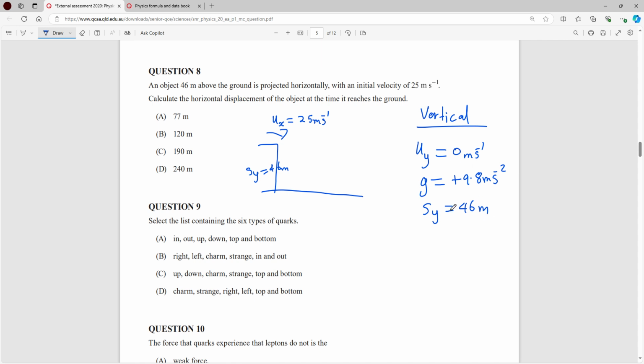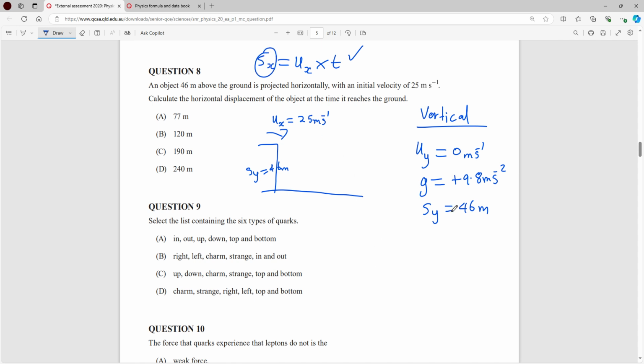Now, if you have 3 of these things, you can work out the rest, okay? So here we want to work out the time of flight because the distance it travels will be this multiplied by the time it was in the air for, okay? Because remember, horizontal distance, because there's no acceleration horizontally, is your horizontal velocity times the time of flight. So if we can work that out, we can work this out, which is the question we're getting asked, okay?